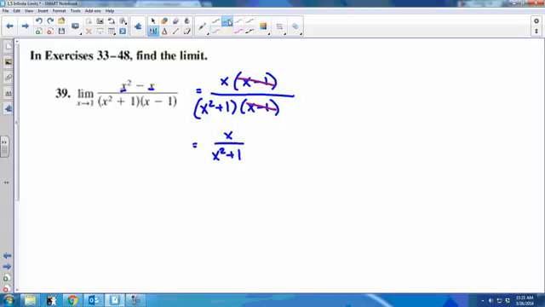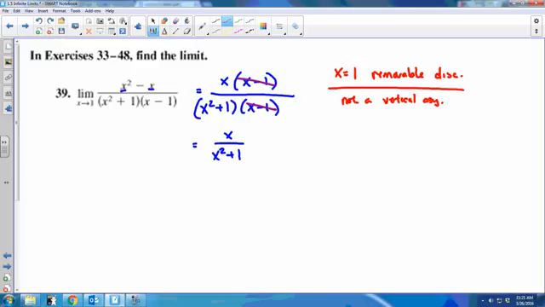That means that when x equaled 1, we had a removable discontinuity. A removable discontinuity is not a vertical asymptote, so we probably don't have a limit approaching infinity or negative infinity. We just had a gap or a hole in the graph, not an actual asymptote.